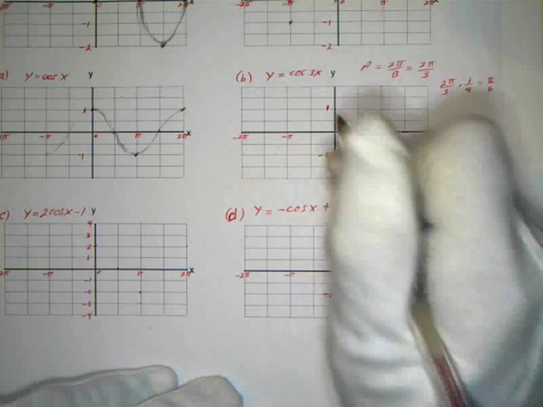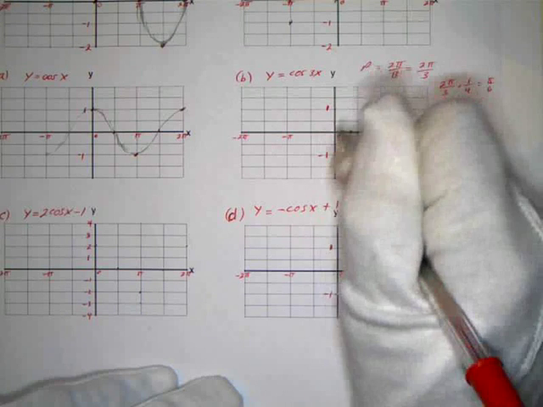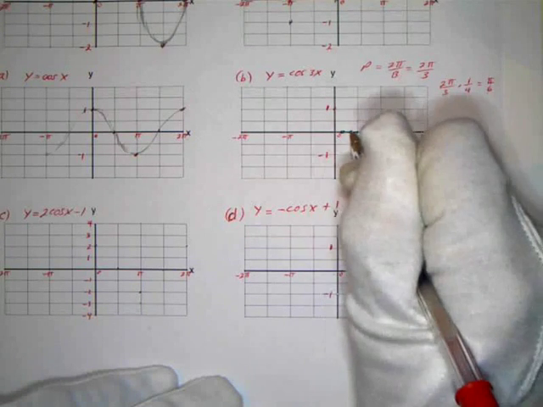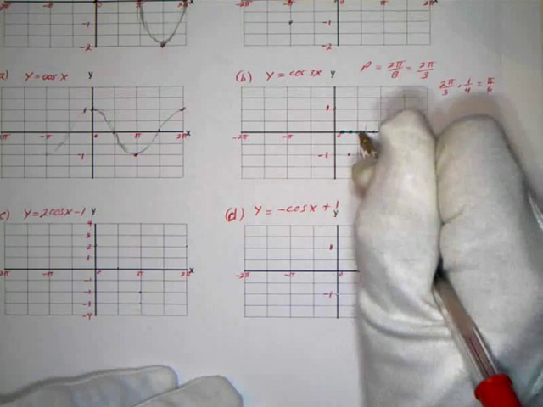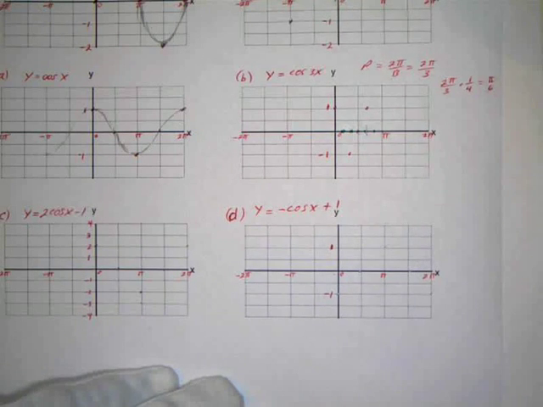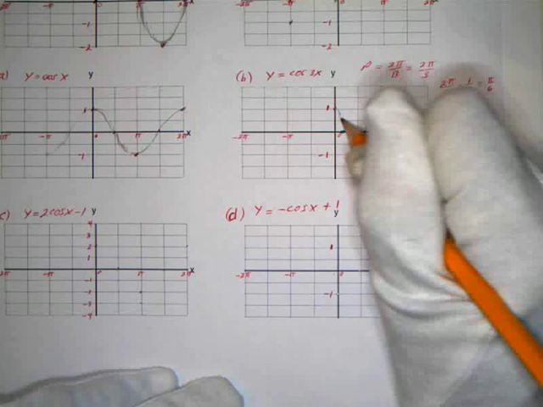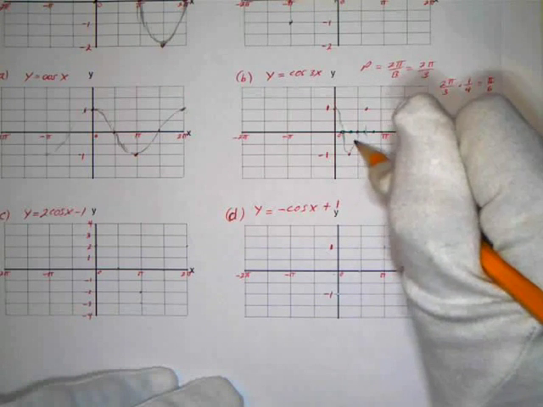And we'll do the same thing. Remember, at 1 I have cosine of 0 is 1. Then I go down to 0, then I go down to -1 here, then I go back to 0, then I go back to 1. So now it's going to look like this really compressed cosine curve.